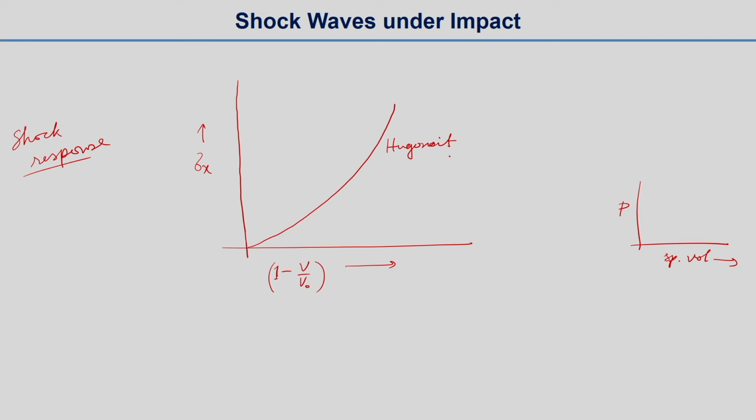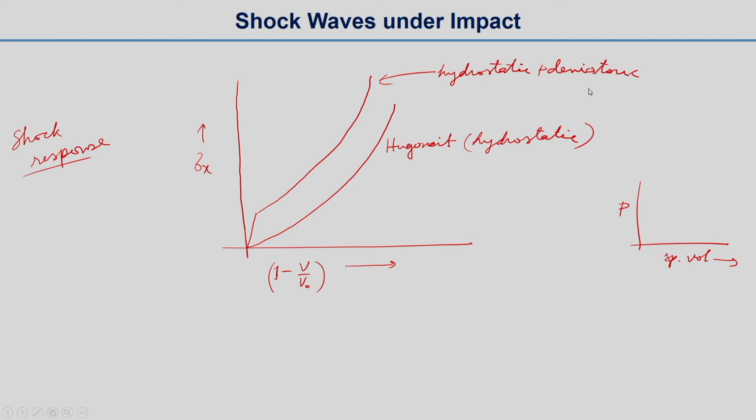However, the pressure-volume curve of a material is not exactly like a Hugoniot curve, because it looks something like this. This is because the Hugoniot curve has only the hydrostatic component, and this may have both the hydrostatic and deviatoric parts, because in the Hugoniot we have ignored the deviatoric stresses.